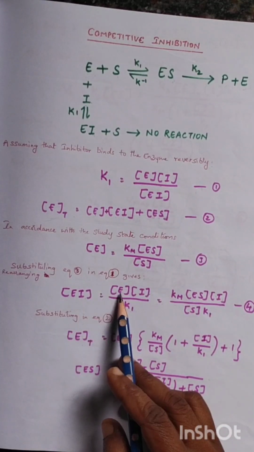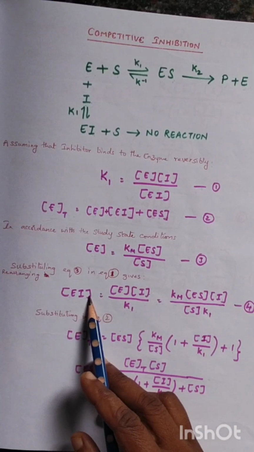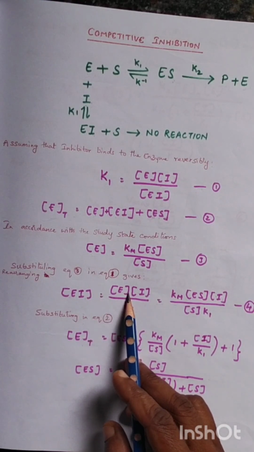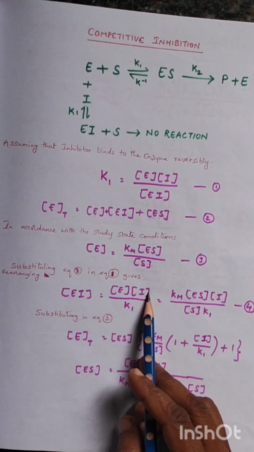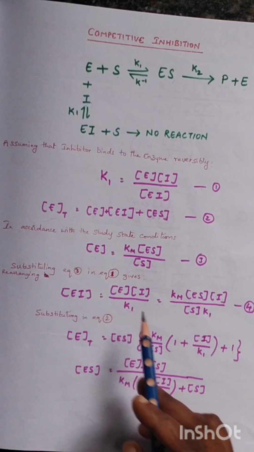We get the concentration of enzyme inhibitor complex is equal to the concentration of enzyme into the concentration of inhibitor, whole divided by K1.